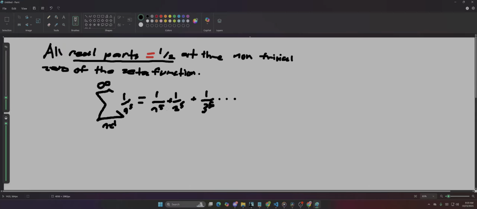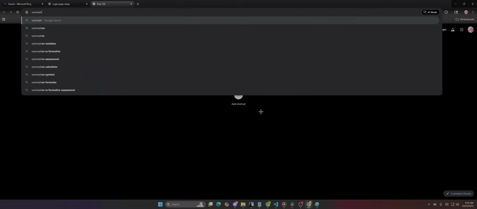And then there's this here that you plug in as s. So that's the function. It's the summation to the upper limit of infinity, and I forget what this is called. What is n in a summation?